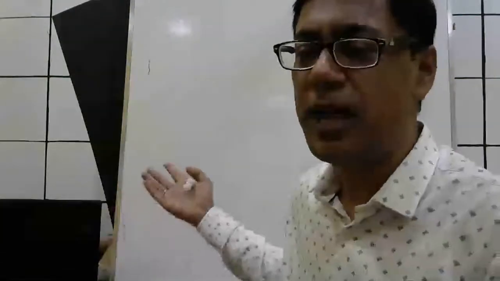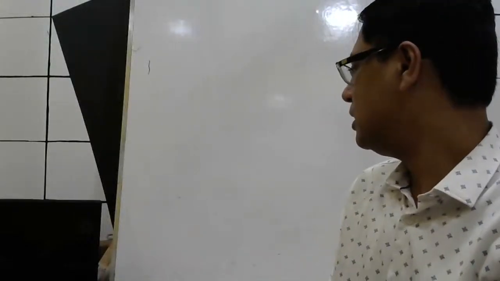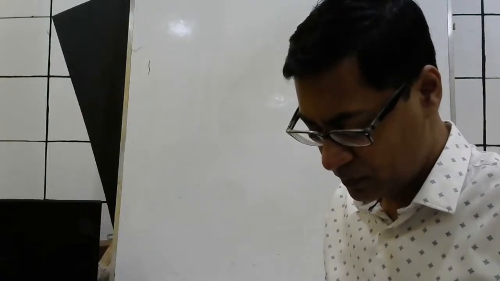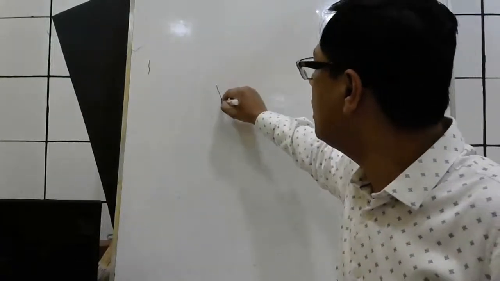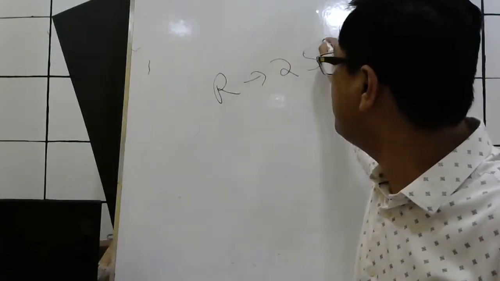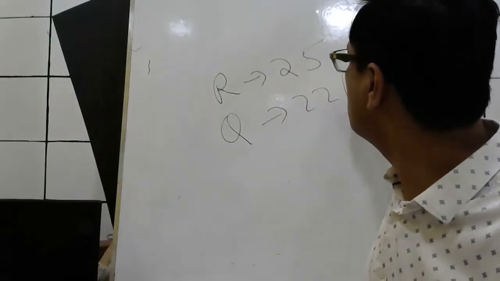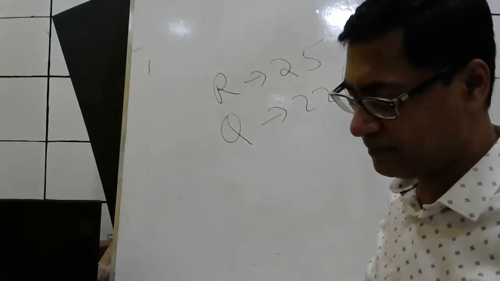Okay, I will try to use the board, but I don't know whether you will be able to see it or not. You tell me if you're able to see the board. If you're not able to see the board, I'll just explain to you again. So the question is, R has 25 and Q has 22, 3 less.